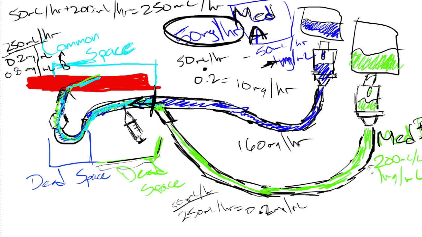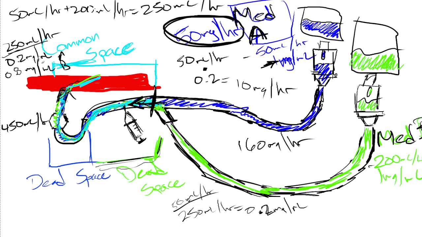So if we were to, let's say, double the rate of Med B, right? We had this one going through. So now we're going at 400 mLs per hour. We'll do the same thing. So 400 plus the 50. So we're going 450 mLs per hour. We still have this same dilution here.